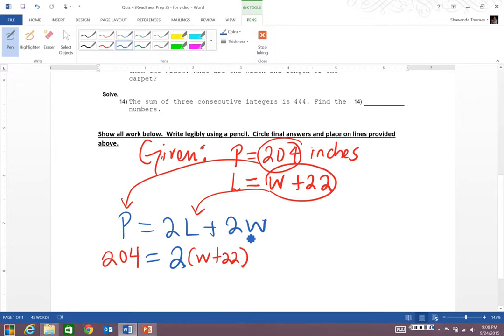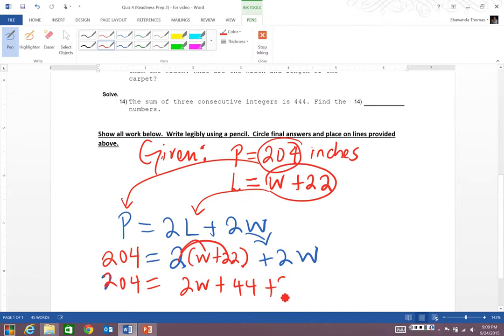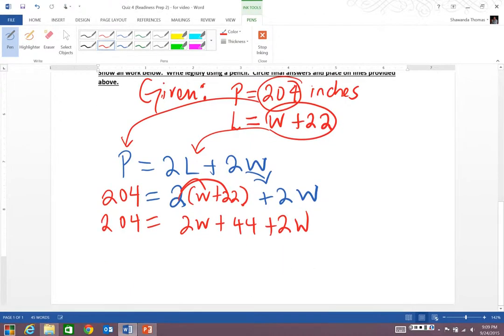But we also need to rewrite our plus 2W here. So we have 204 equals 2W plus 44 plus 2W. Therefore, we have like terms: 2W plus 2W equals 4W plus 44.